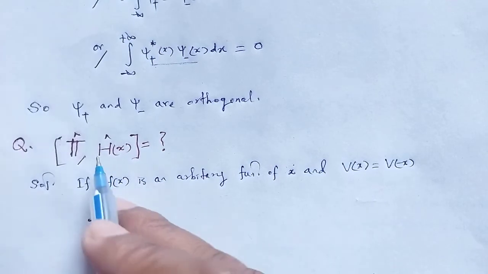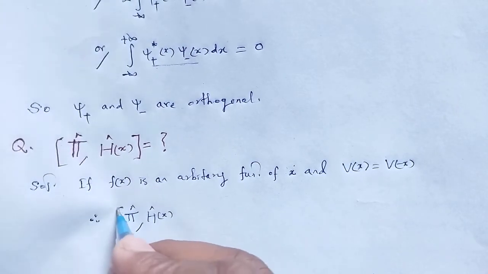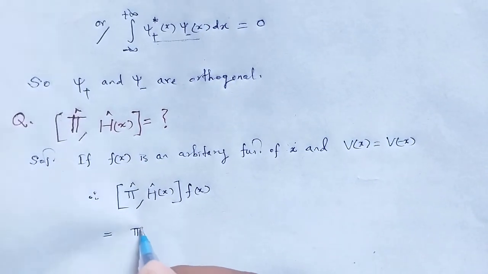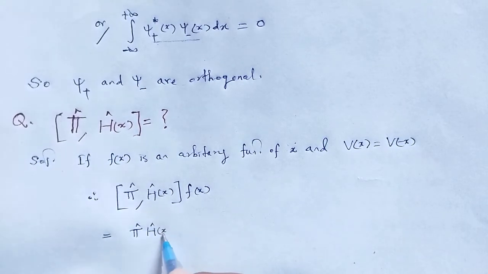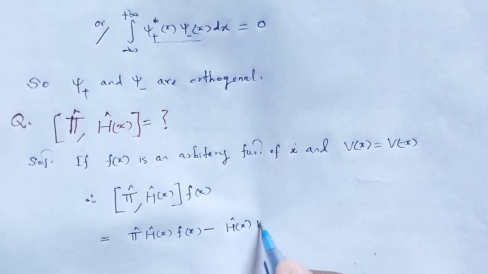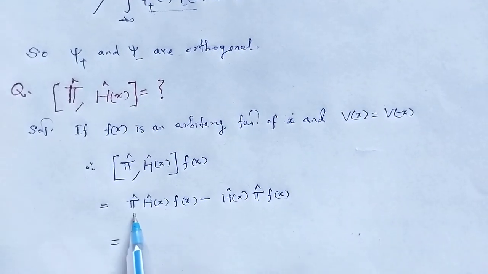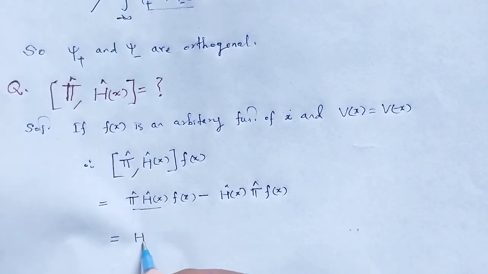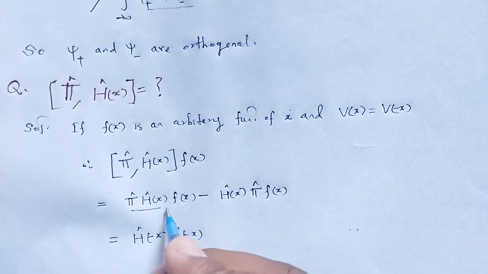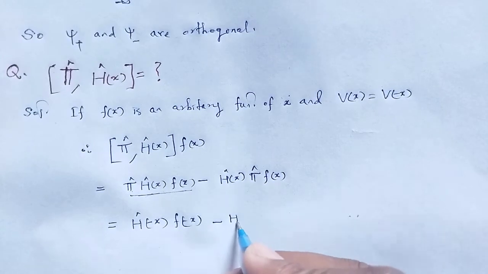Therefore, the commutation relation pi cap h cap of x when acted upon that function f of x gives rise to pi cap h cap x f of x minus h cap x pi cap f of x, which is equal to the parity operator operating, it changes its sign to minus x, f of minus x.